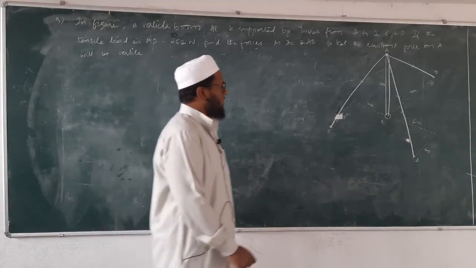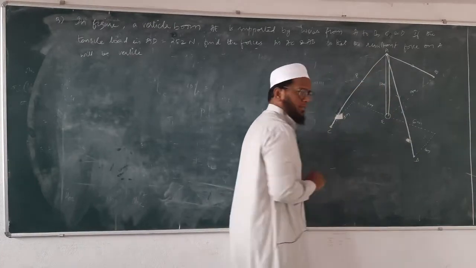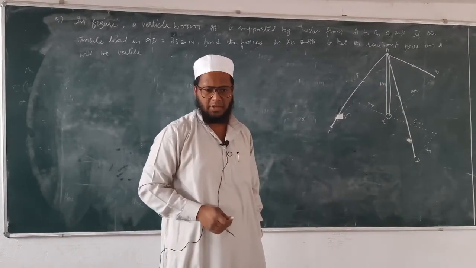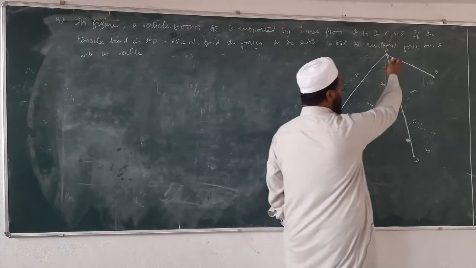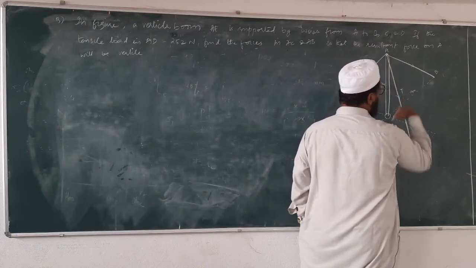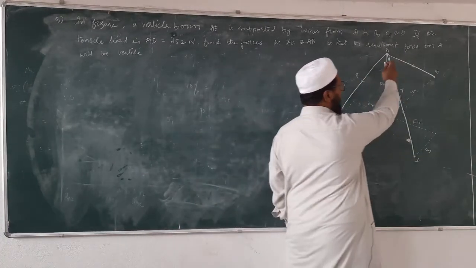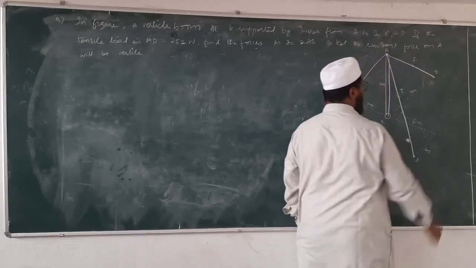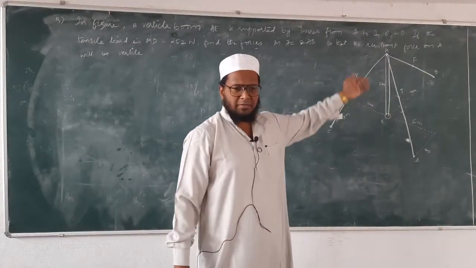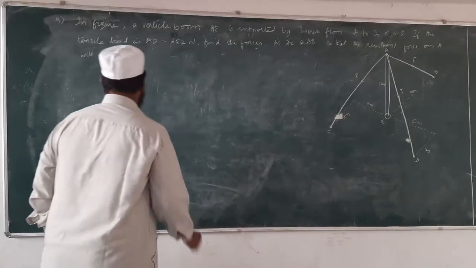So we'll name the force in member AC as P. Similarly, force in member AD, let it be T. Similarly, force in member AB, we'll name it as F. Any problem in naming this one? No problem, right? So I'll write here so that it will be clear.